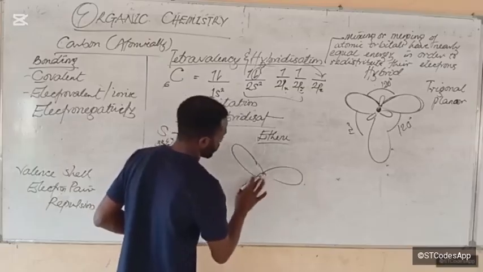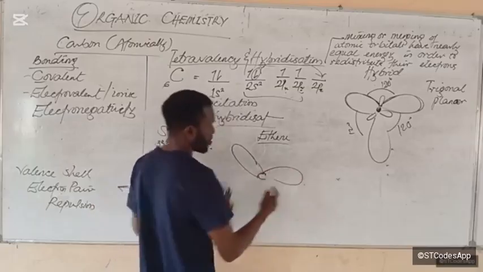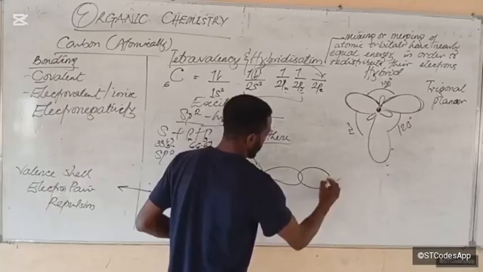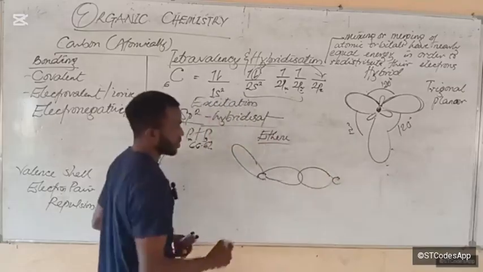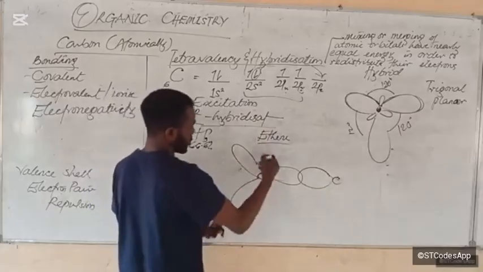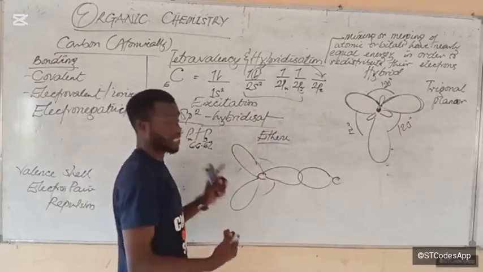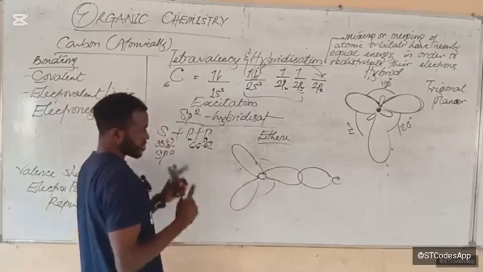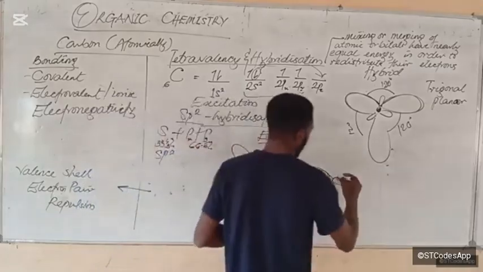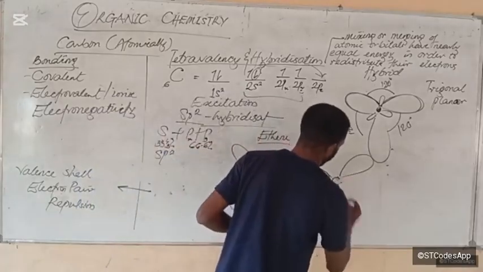Our first lobe from the carbon is going to have head-on overlap with the lobe of this carbon, and the third lobe is going to orient itself so that they are at 120 degrees, like I said initially. For this guy also we're going to have what looks like this.